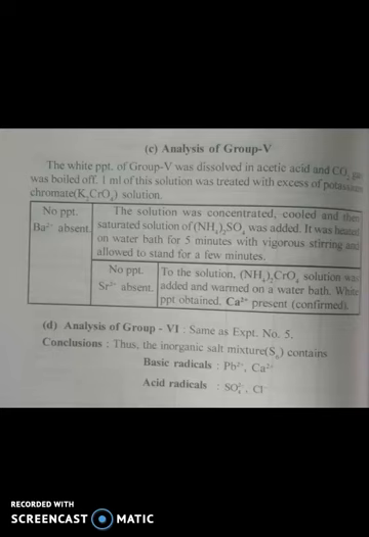So my friends, you have to write in your answer booklet of practical exams in this way.